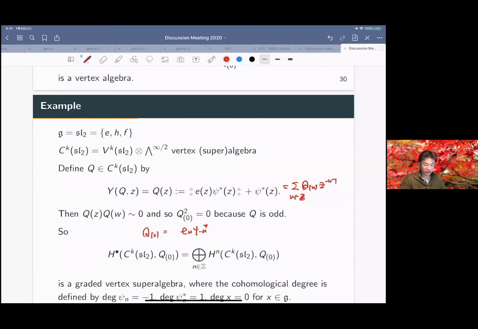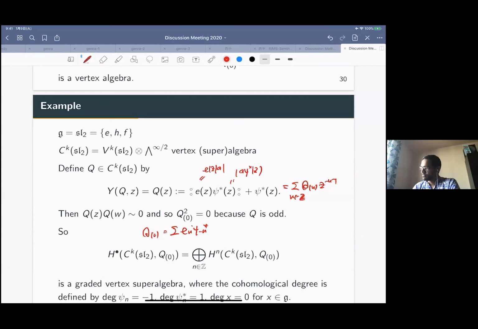I forgot to say I was omitting the tensor product sign, so e_G is e_G tensor 1 and psi_G is 1 tensor psi_G. So this is actually a tensor product plus the zero mode of psi. So this is a very simple operator.